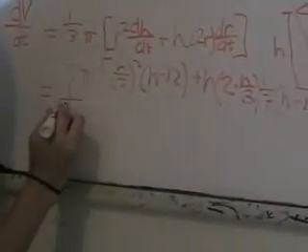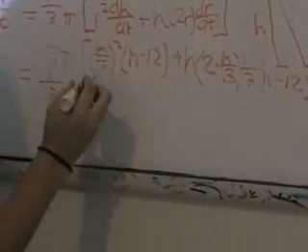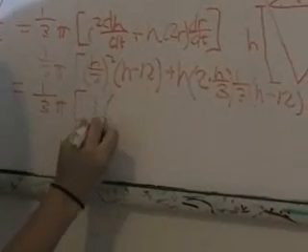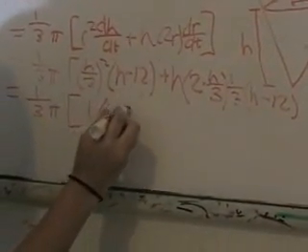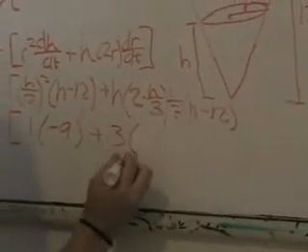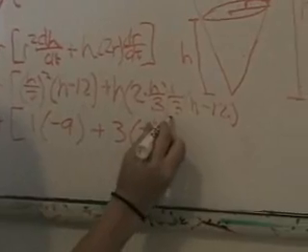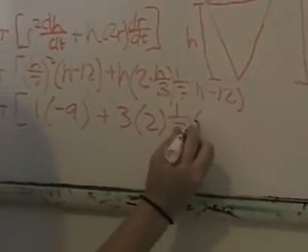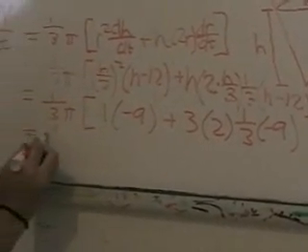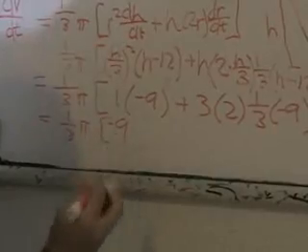So 1/3 pi, 3 over 3 is 1, 1 squared is 1, 3 minus 12, negative 9, plus 3 times 2 times 3 over 3, which is 2, times 1/3 times negative 9. So we can simplify this. 3 pi, negative 9.